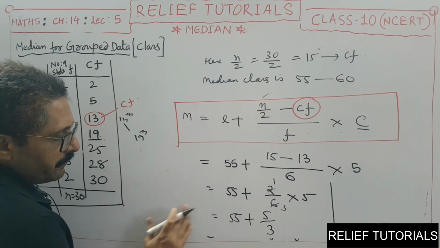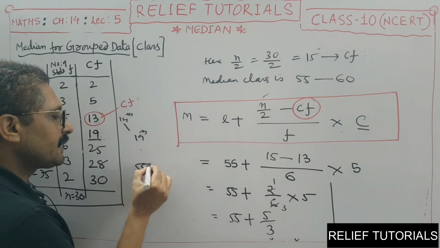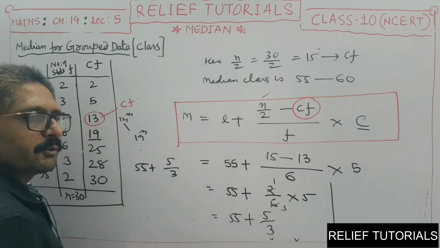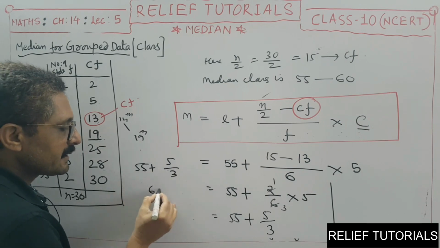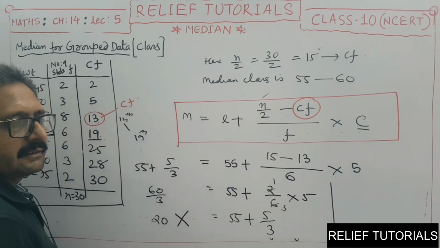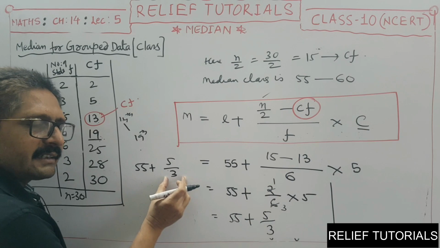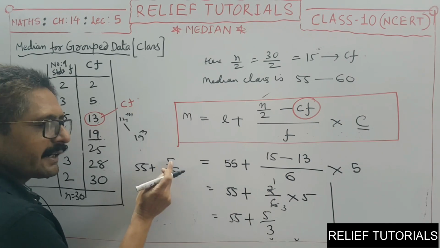फिर से मिस्टेक मत कीजिए. 55 + 5/3, आप लोग क्या करते हो, 55 + 5 = 60, 60/3 करके answer 20 लिखते हो, ये गलत है. What you have to do, these are two different terms. ये न्यूमरेटर हम ऐड नहीं कर सकते.